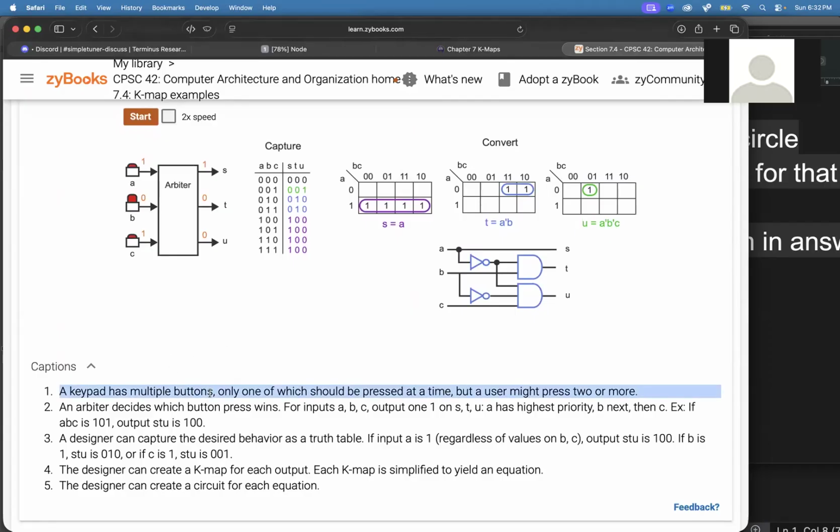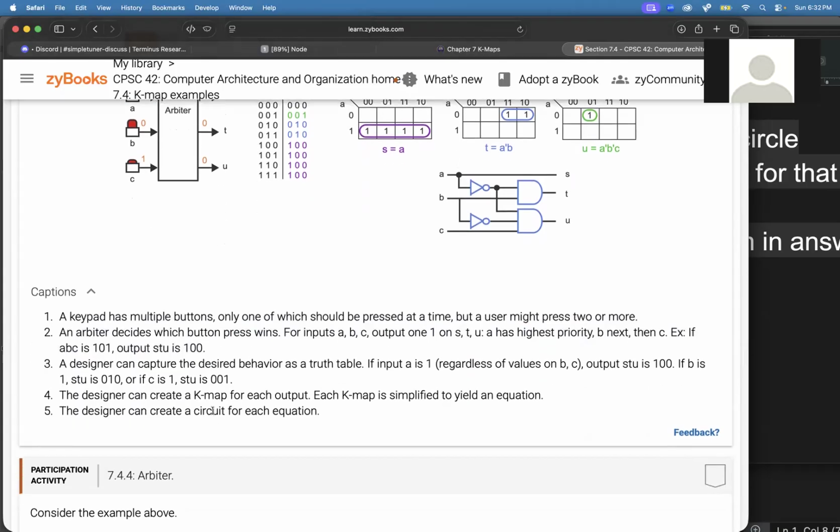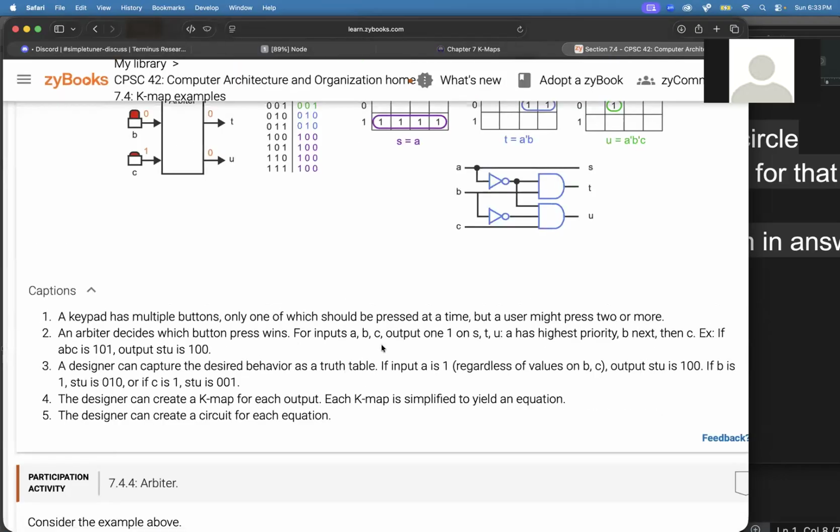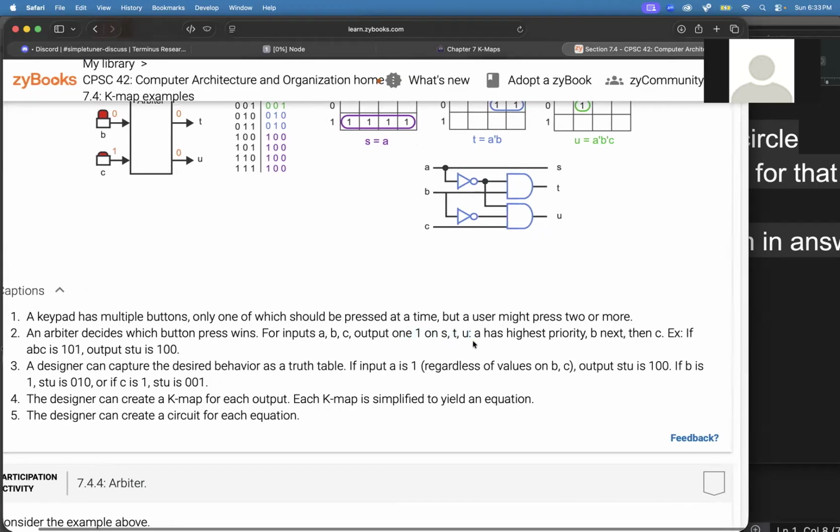Keypad has multiple buttons. Only one should be pressed at a time. An arbiter decides which button press wins. So for ABC, I'll put 1, 1. A has the highest priority, B has the next. So here's what they're saying. The buttons are ABC, right?